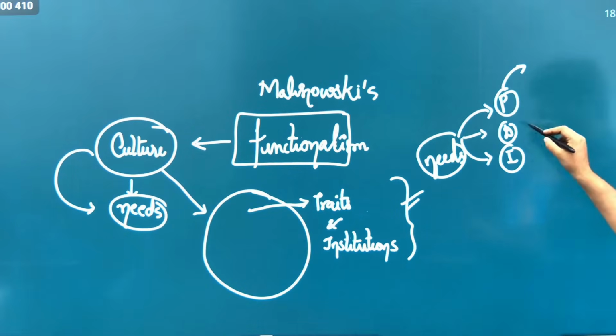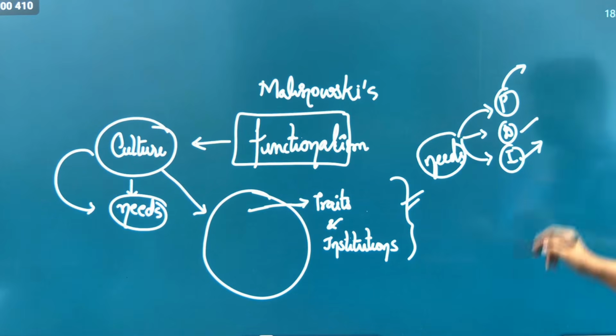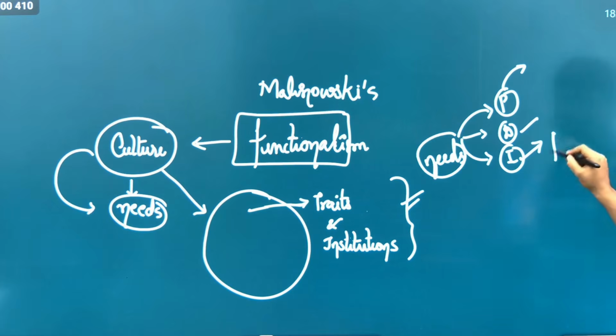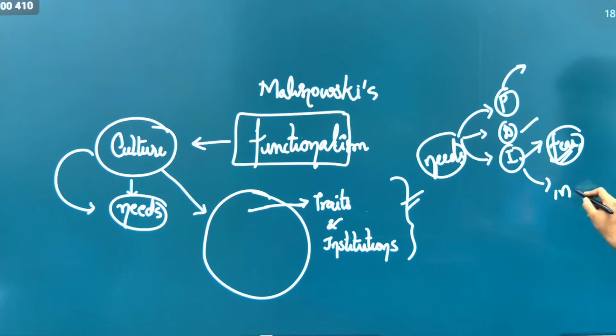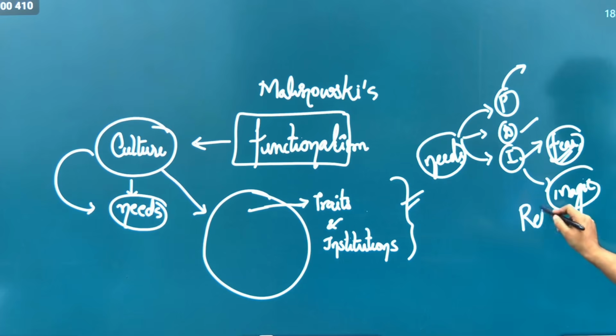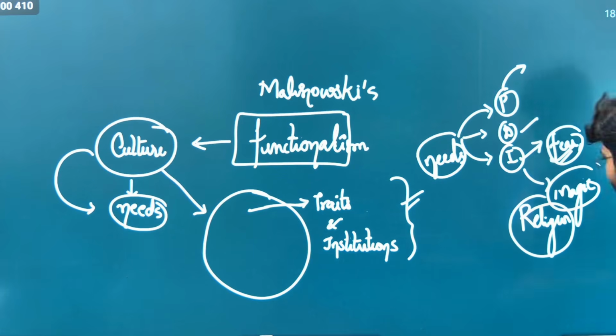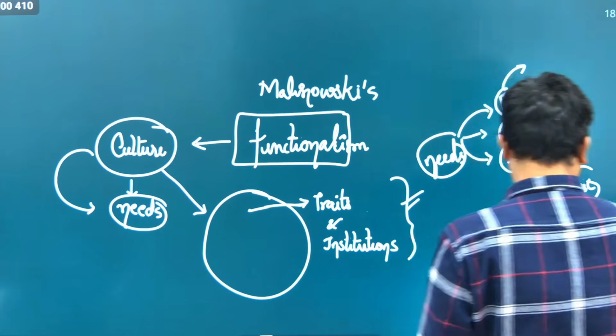Then from that you derive the needs, those are known as derived needs. Then you have integrated needs. Integrated needs are nothing but psychological needs, such as overcoming fear and anxiety. So you have the culture, magic, religion, which will help you overcome these psychological needs. Okay, this is the needs theory and you have the criticism to it.